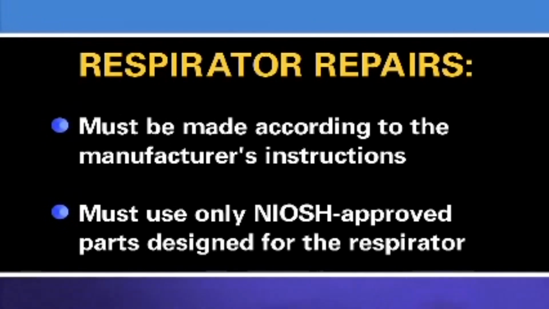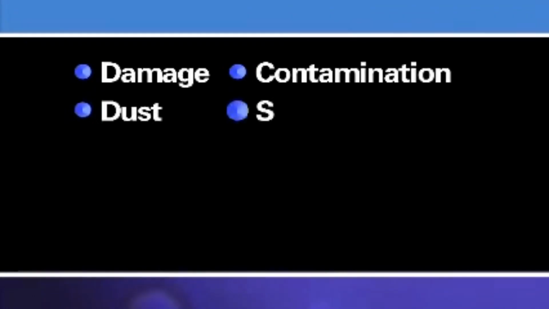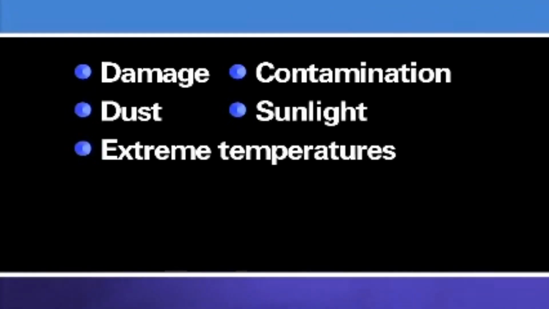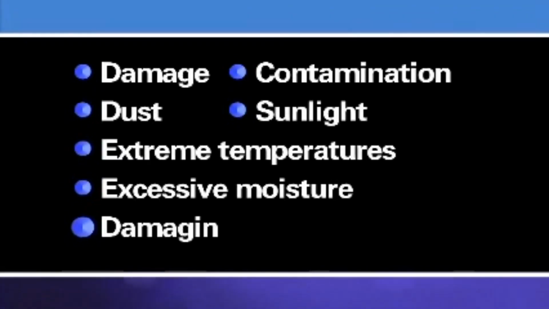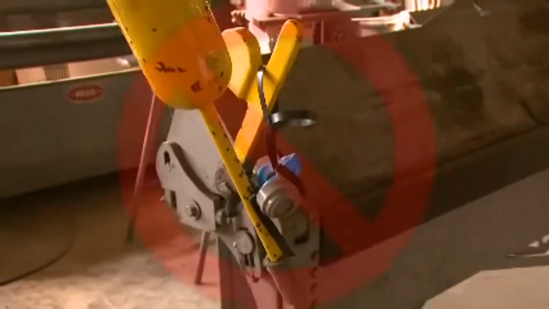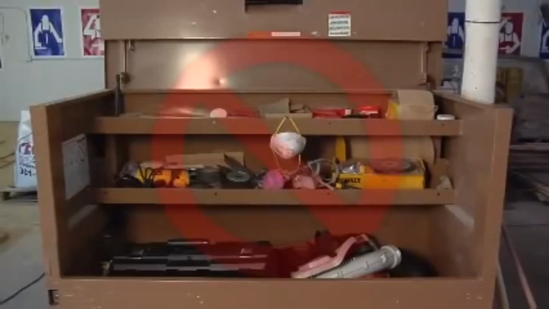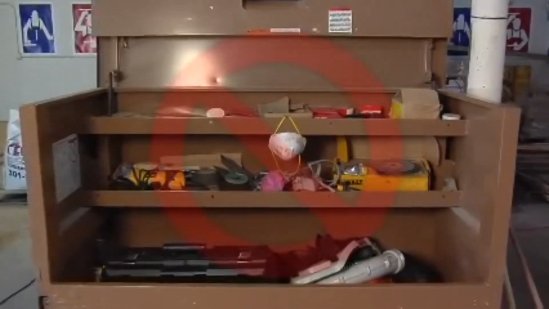It is important for respirators to be stored properly to protect them from damage, contamination, dust, sunlight, extreme temperatures, excessive moisture, and damaging chemicals. Never leave your respirator hanging on a machine, lying on your workbench, or tossed into your toolbox or a drawer.